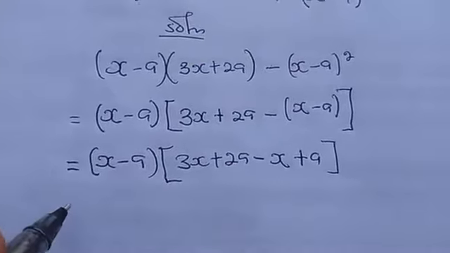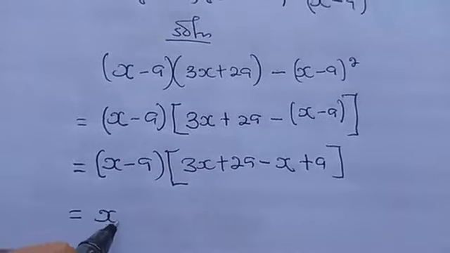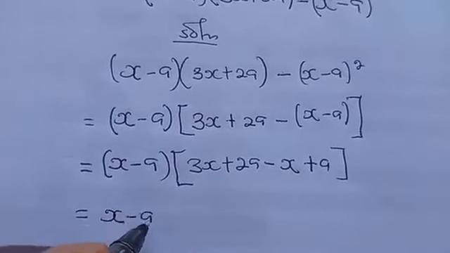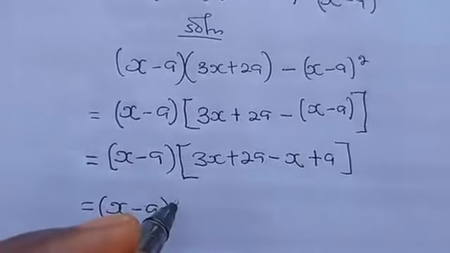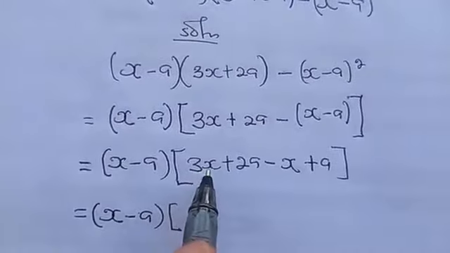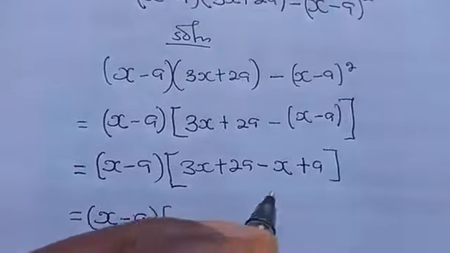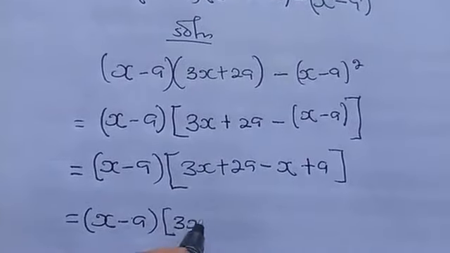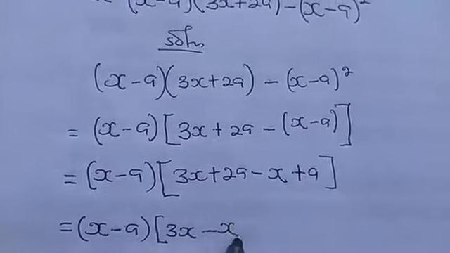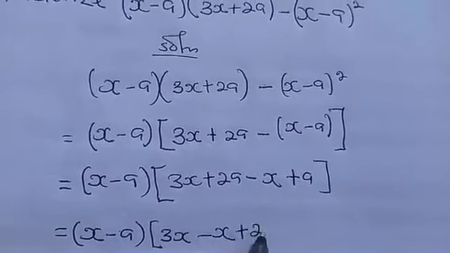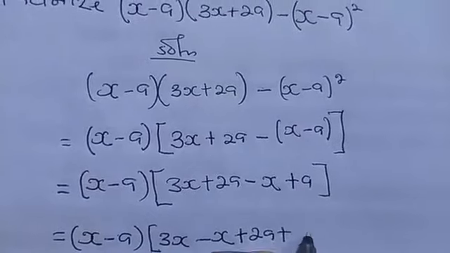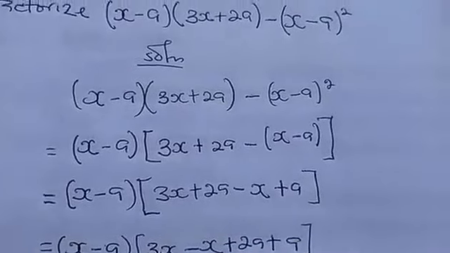So from here, we have (x - a) into, collecting like terms, 3x minus x plus 2a plus a.